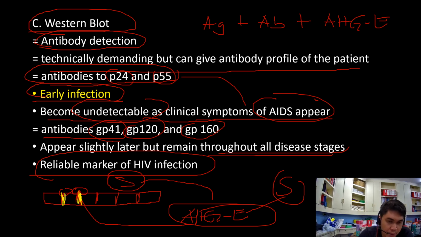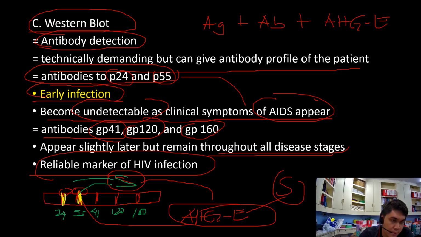For example, this area contains 160, then 120 antigen, then 41, P24 and P55. This is the strip that contains antigen. Next, you add the serum specimen, which contains the antibody. The antibody will react with the antigen.